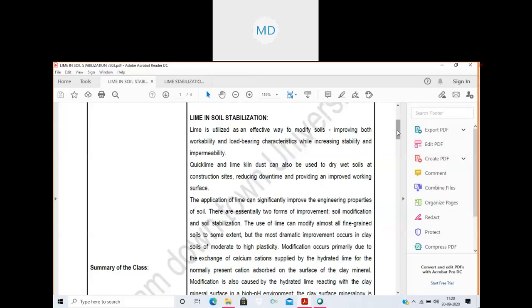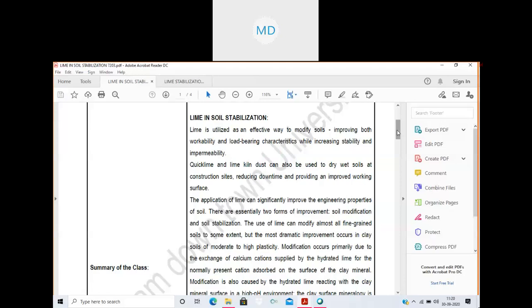Okay. So we'll be discussing lime in soil stabilization, how we can use lime for soil stabilization, and what are the processes of mixing lime and all in the soil. Okay. So before that, we must know what is stabilization of soil or soil stabilization.